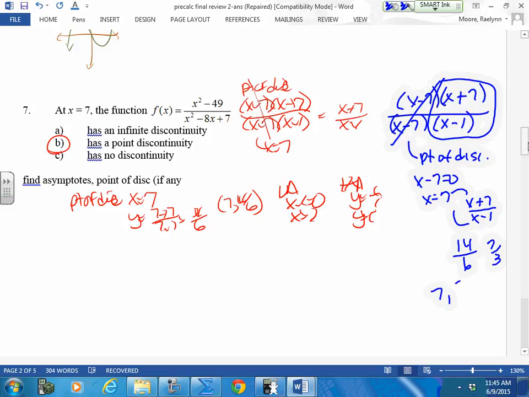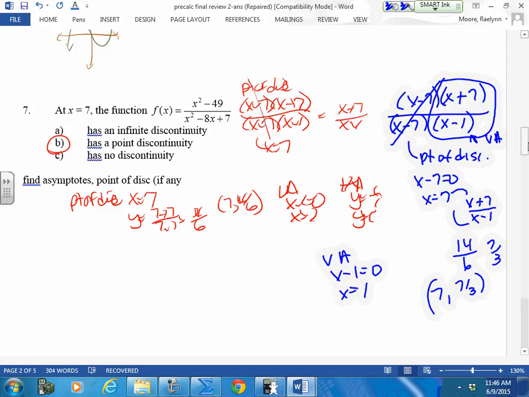So 7, 7/3 is your point of discontinuity. What's left in your denominator is your vertical asymptote. That's not going to go away. That you're going to clearly see is going to change your graph. The point of discontinuity, when you look at your graph, you won't notice it because it's a point we can remove. A vertical asymptote we can't remove. So your vertical asymptote says take this and set this equal to 0.